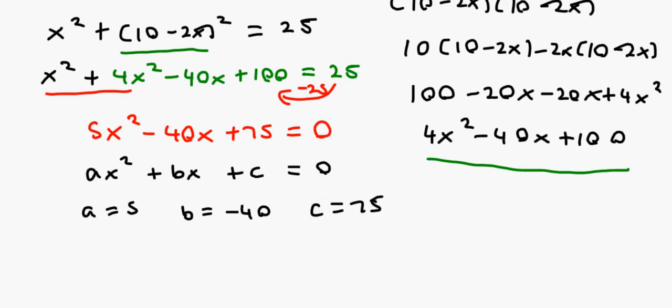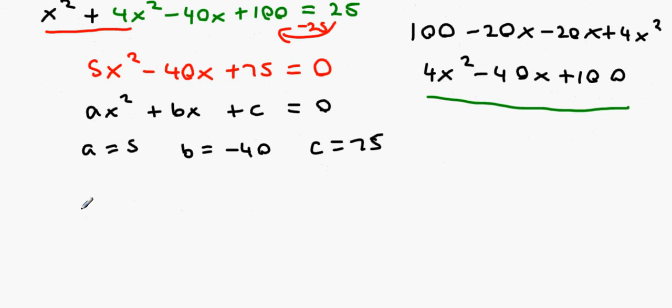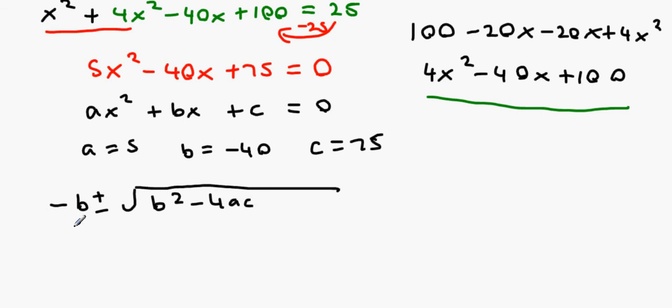Then I can do minus b plus or minus the square root of b squared minus 4ac, all over 2a.